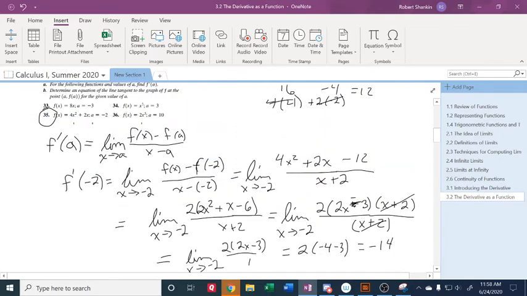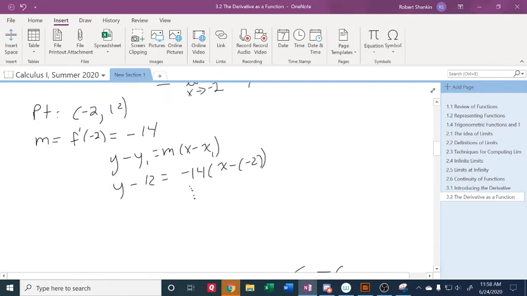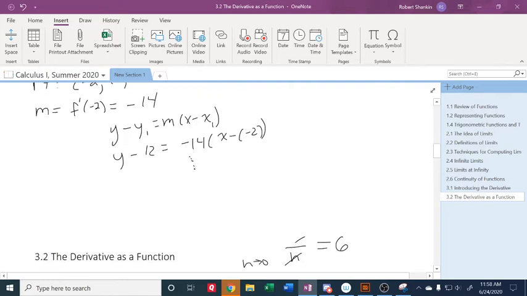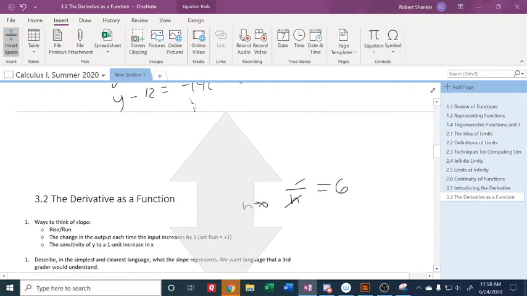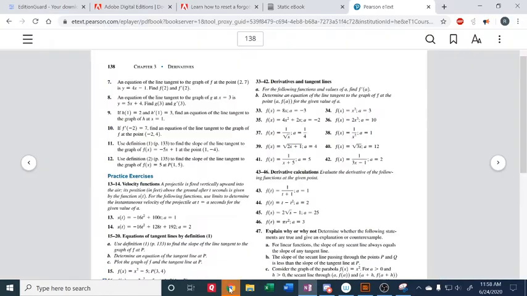Okay, any other questions, any other problems? Gerardo had number 29 and number 43. All right, let's do 29. I had a question on number 31 as well. Okay, let's do 29 and 31.